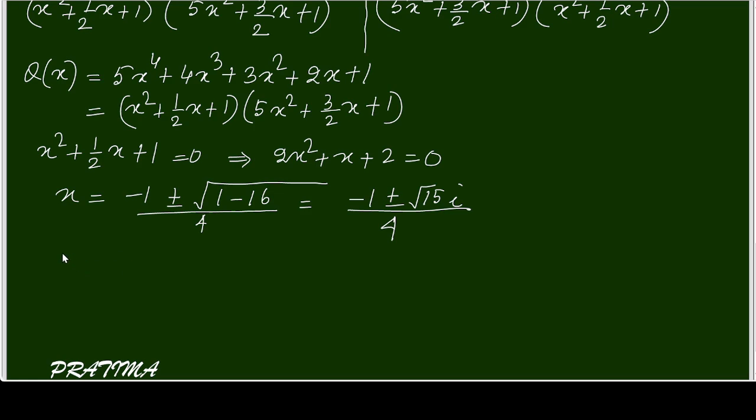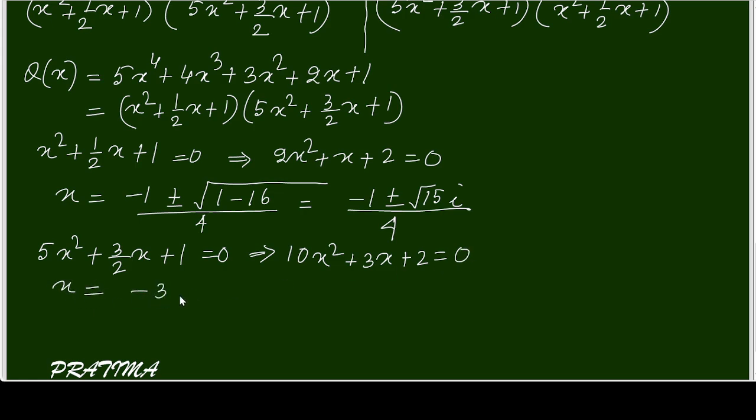And the second one, 5x square plus 3 by 2 x plus 1 equals 0, or this will be 10x square plus 3x plus 2 equals 0. That time x is equal to negative 3 plus minus square root of 9 minus 4 into 20, over 4.